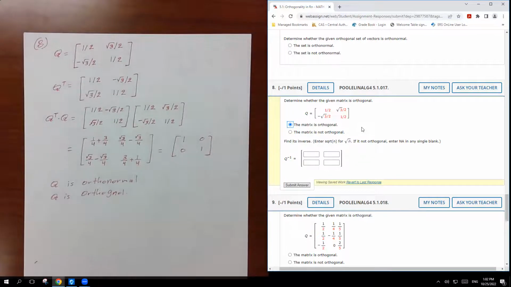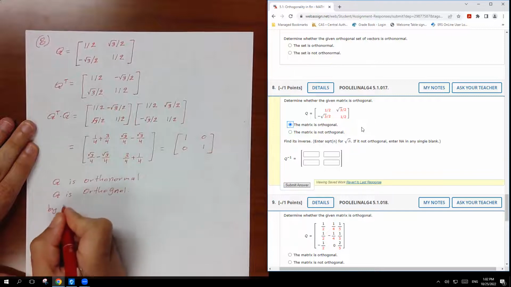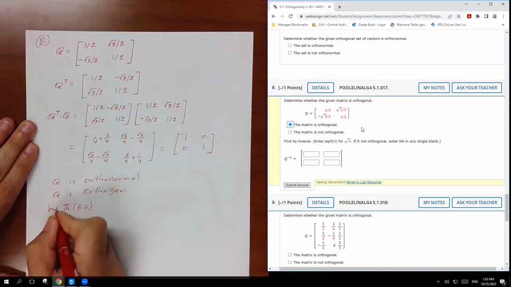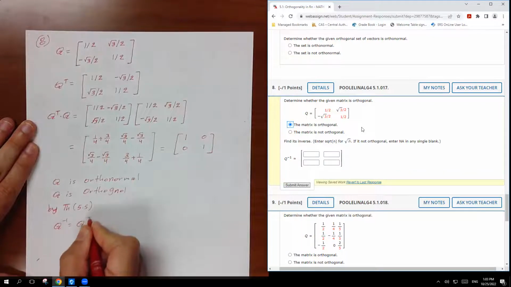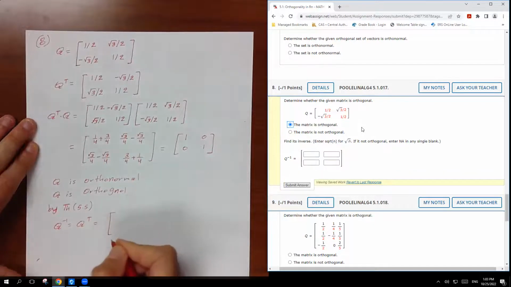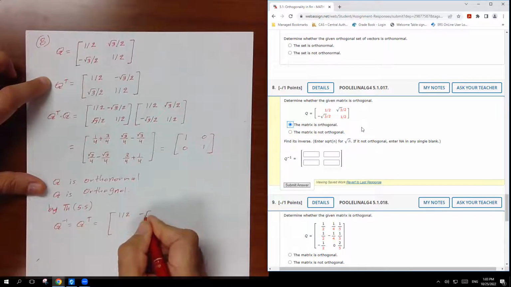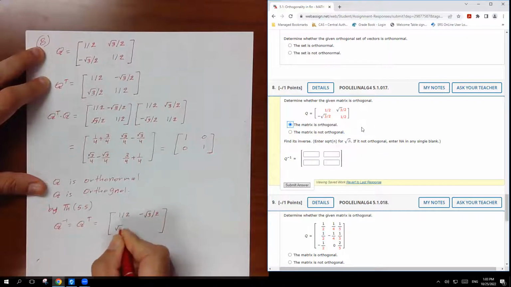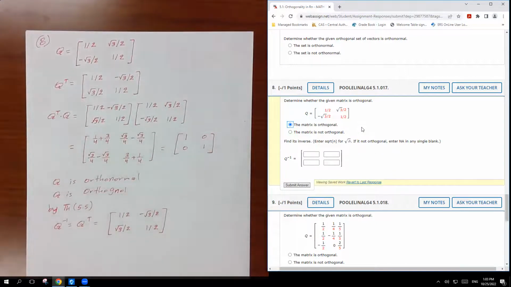That means by theorem 5.5, Q inverse is equal to Q transpose. That means this is the inverse for Q: square root of 3 divided by 2, and square root of 3 divided by 2, and 1 over 2. So the inverse for Q is going to be this matrix.